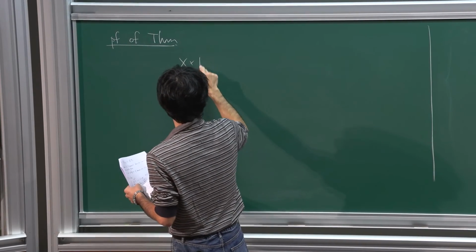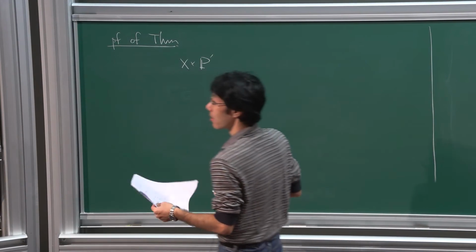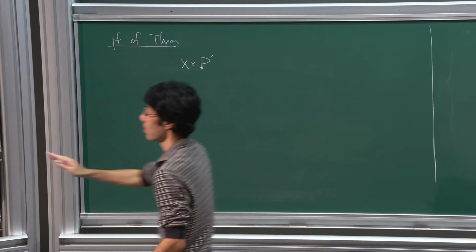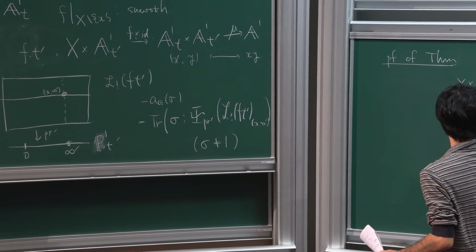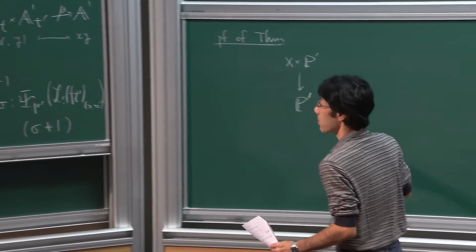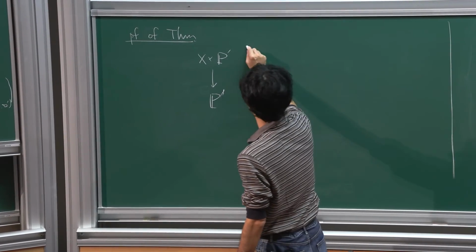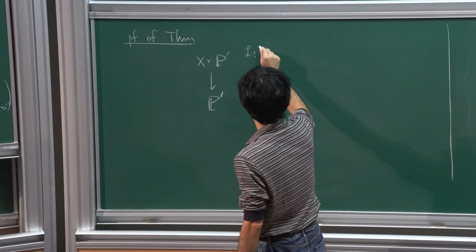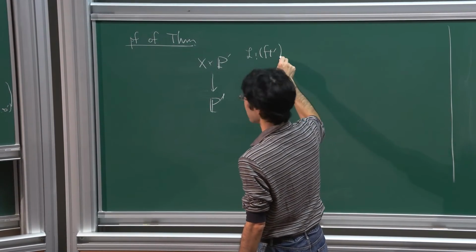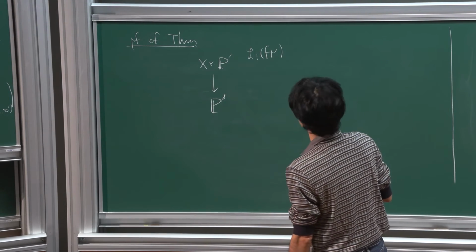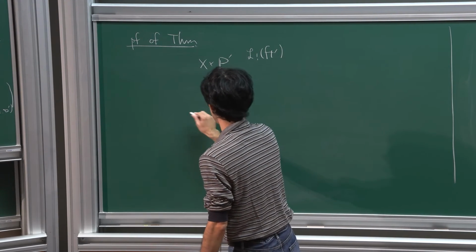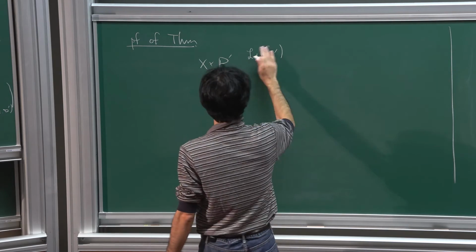So I have this situation here, okay? P prime. And I considered some sheaf, ft prime, but that's universally locally acyclic on A1.